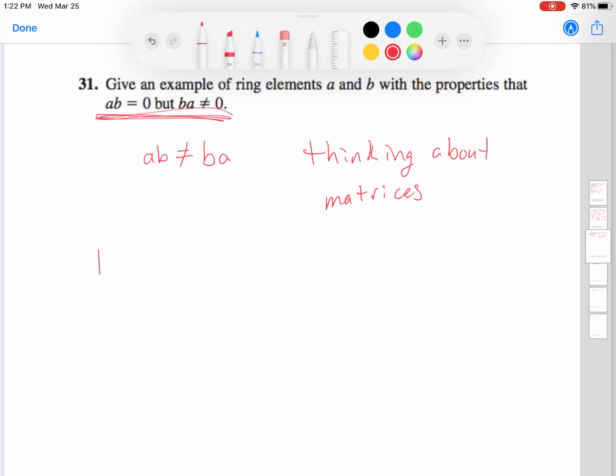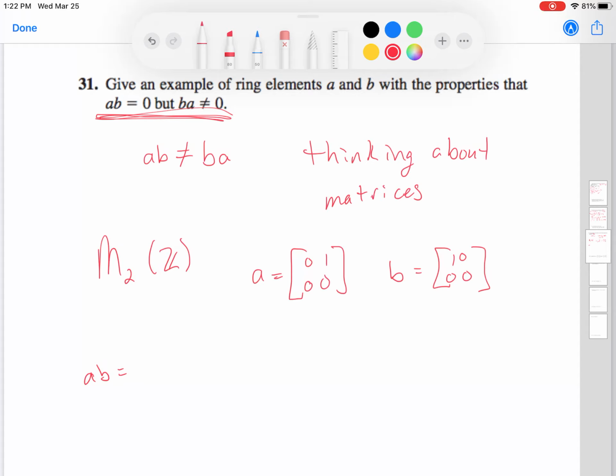Let's work in M2 with integer entries. Let's consider A, let's let it be 0, 1, 0, 0, and B, let's let that be 1, 0, 0, 0.